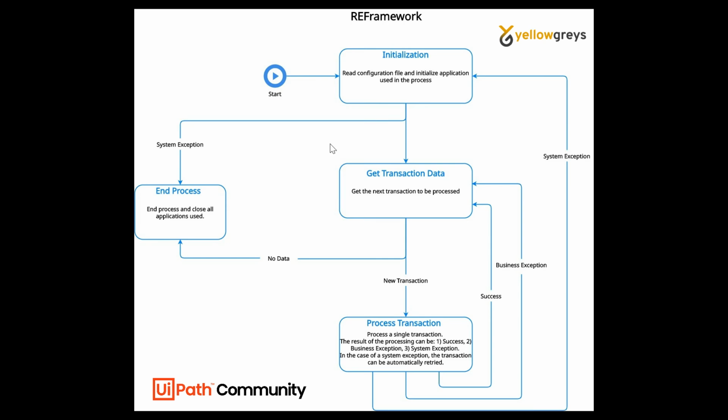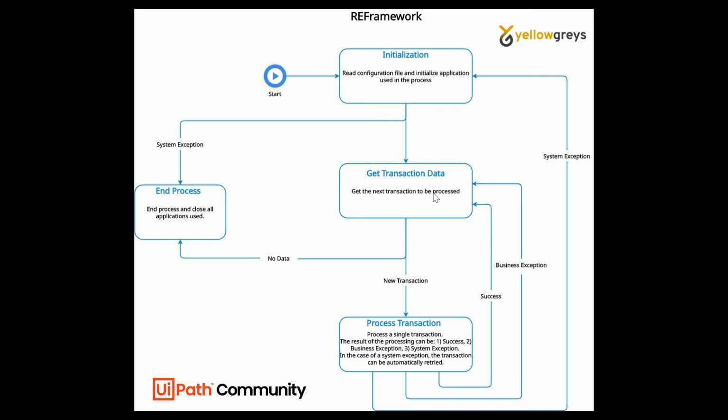If we design the bot as a performer, it picks the transaction item from the queue, and the get transaction data is used to get the transaction item from the UiPath queue. If you use this RE framework template as a dispatcher, mostly we are not going to use this get transaction data part. Assume that it's a performer, and you already moved some items into the queue, and we are going to pick them from the UiPath queue.